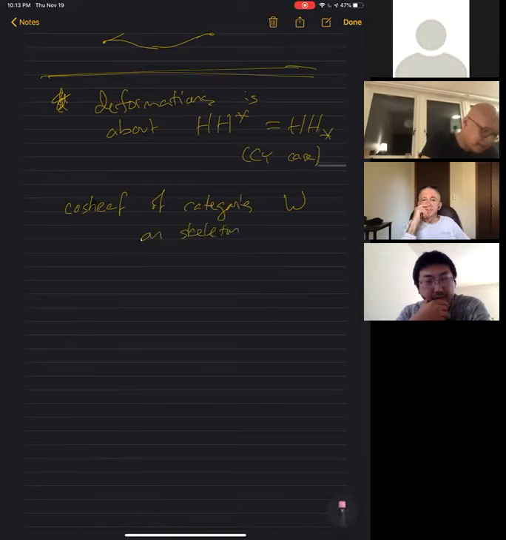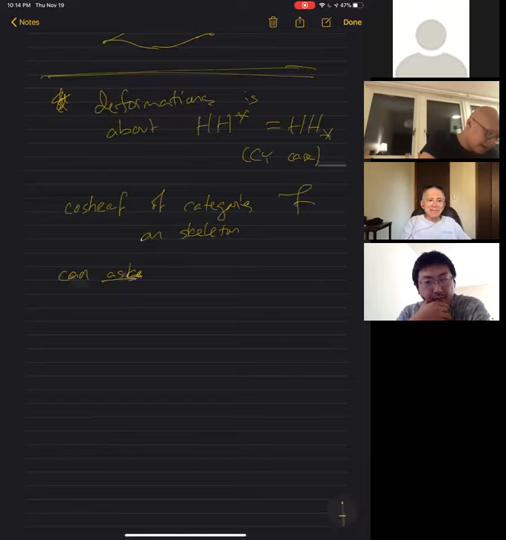You can consider the map from the Hochschild homology of F, and you can ask, is the Hochschild homology of F a co-sheaf?